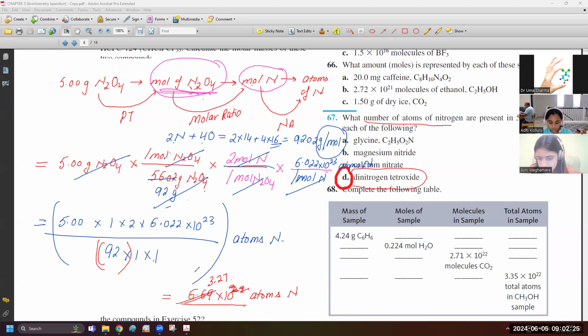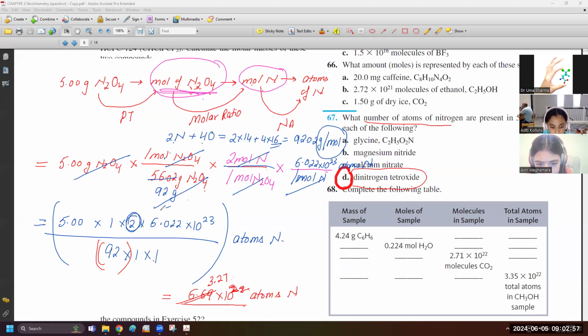No, Avni, you're wrong. Oh, we didn't multiply by 2? I multiplied by 2. Let me check. Maybe I have not. Oh, 5 times 2 times 6.022 divided by 92. Now I'm getting the answer Avni was saying. Avni, what was your answer?